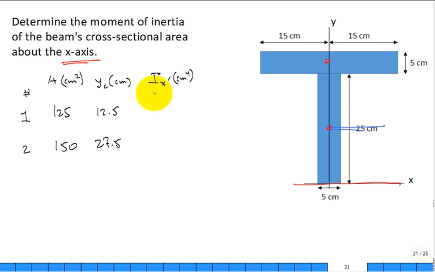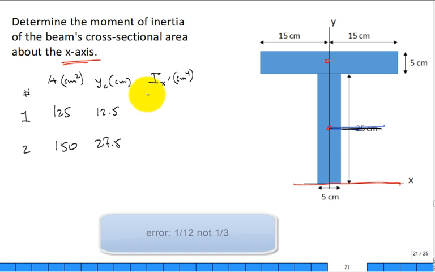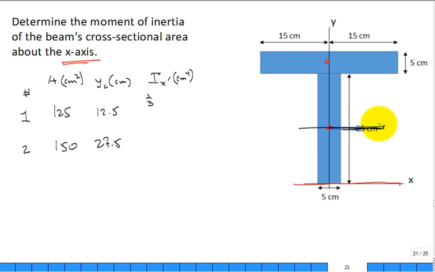What is that? That's through the centroidal x-axis. So it's our 1/12 base times height cubed with respect to this horizontal axis. So for the first area, 1, our base is 5, and our height, I just covered it up, is 25 cubed.